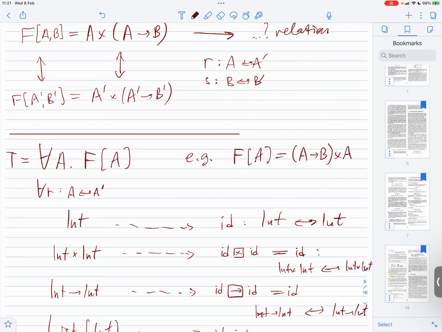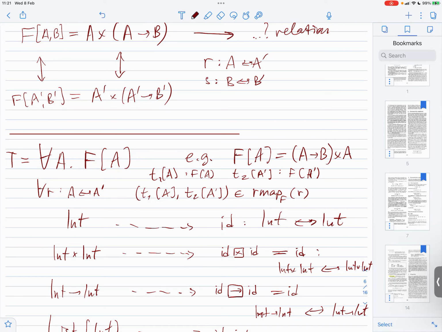And then you need to lift this relation to the type constructor F. And so for values T1 of A, of type F of A, and value T2 of A prime of type F of A prime, the values T1 of A, T2 of A prime must be in the relation, which is the relation R lifted to F, which I denote by R map F of R in my tutorial.